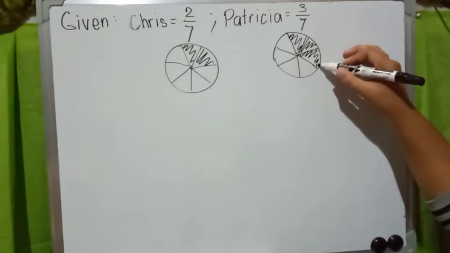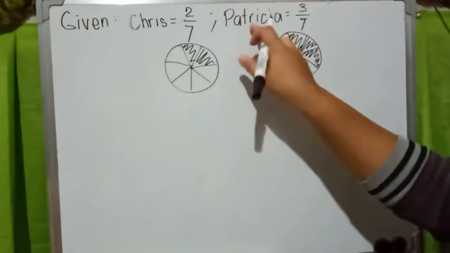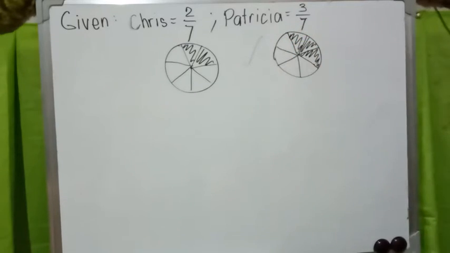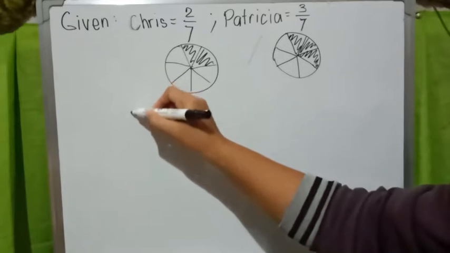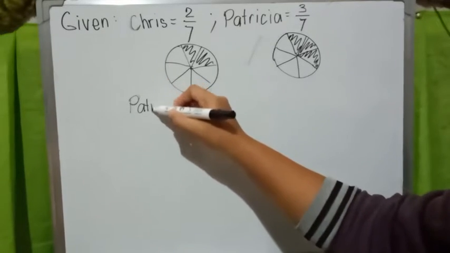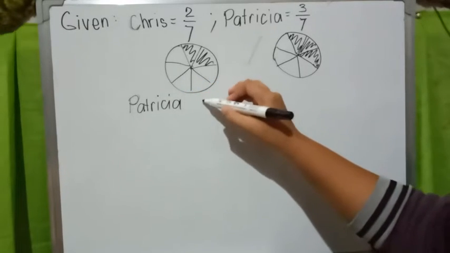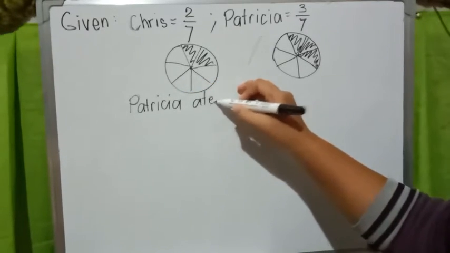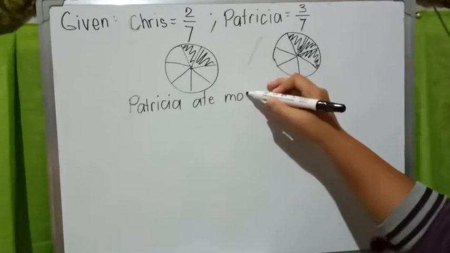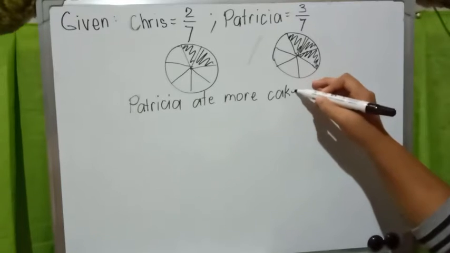So which has more shaded part? Okay, very good. That is Patricia. So we can say that Patricia ate more cakes.